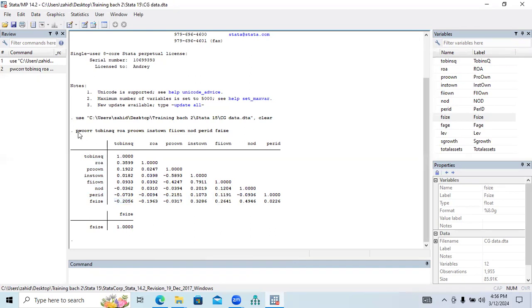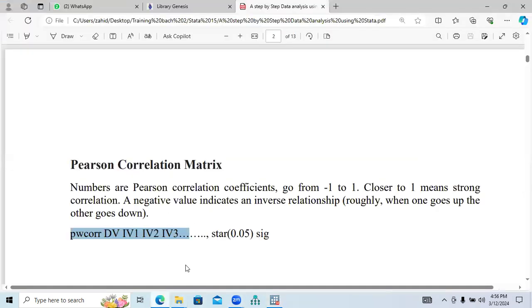So we need to use this command again here, and we need to write a comma after the last variable. And what we need to do is include star 0.05 sig.